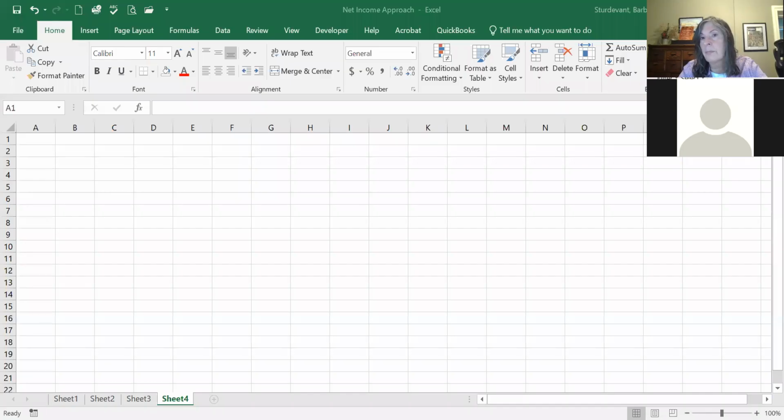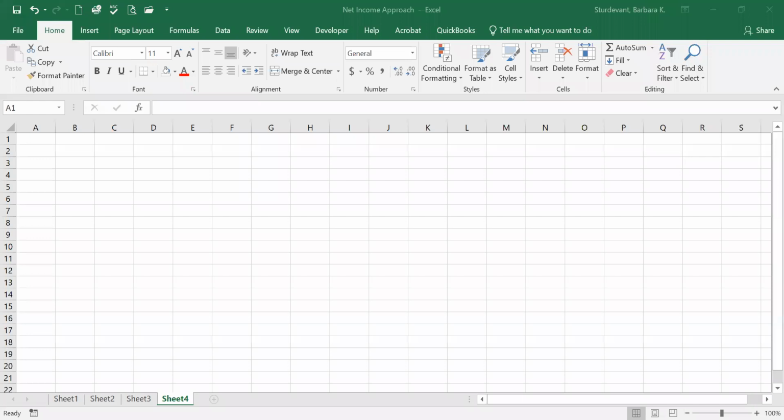Okay, so the first thing we're going to do is go over 17, which was the one you were to do for today. This one is net income approach. Similar again to cash flow in the way that we put stuff in. So the only trick with these is to watch the income tax.